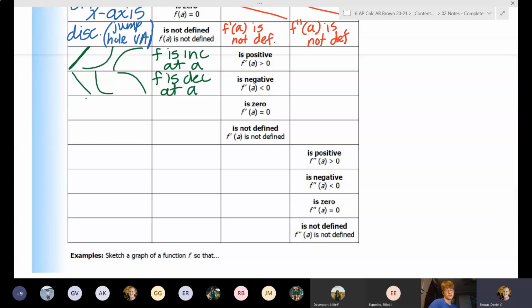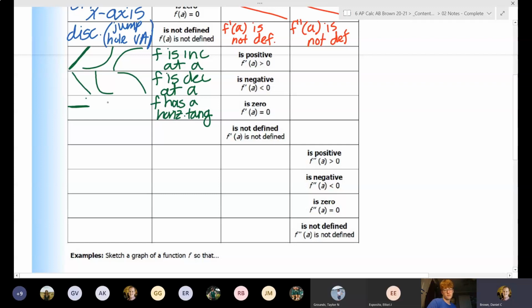And then we have f prime of a is equal to 0. What do we say was happening on the graph if f prime of a was 0? There's a horizontal tangent on f. So f has a horizontal tangent. And that can also look different ways. You could have a horizontal tangent if the graph is just flat and horizontal, like the whole thing is a horizontal tangent itself.